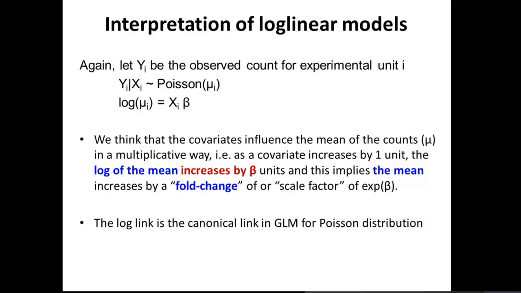That means xb is the short form of beta naught plus beta 1 x1 plus beta 2 x2 and so on, up to beta k xk. So we think that the covariates influence the mean of the count in a multiplicative way.